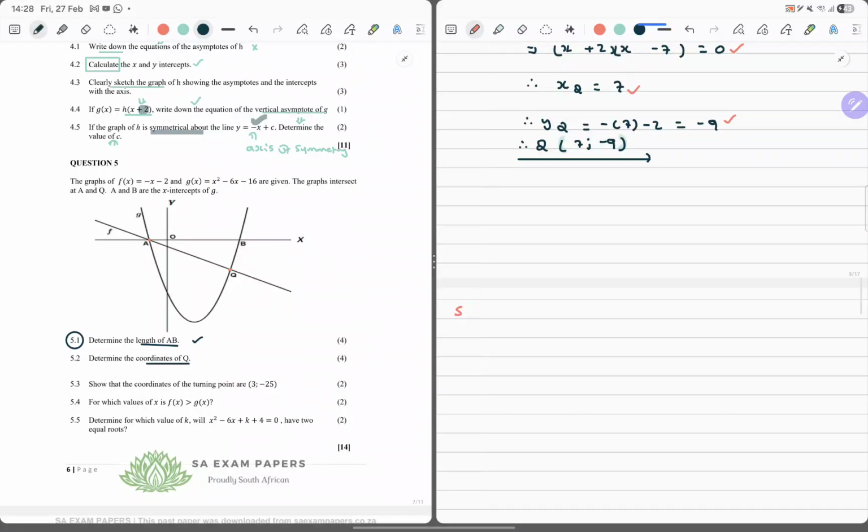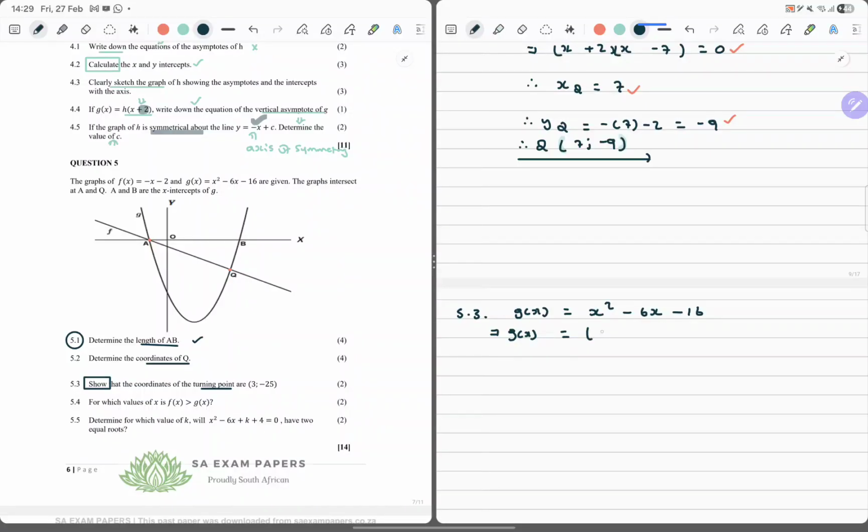Right, so 5.3. We now need to show. Once we are told to show, it means we can't just come up with an answer only. Show that the coordinates of the turning point are like that. Of course, we know that g(x) is x² - 6x - 16. I can simply complete the square to make it easier for myself.